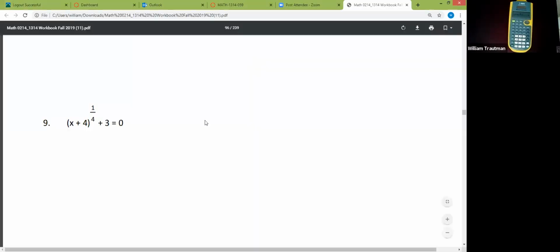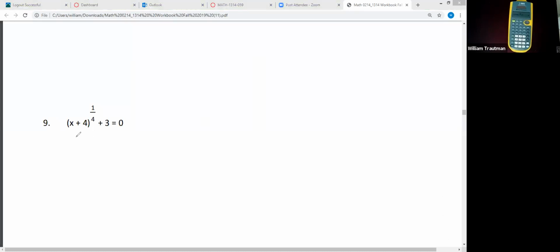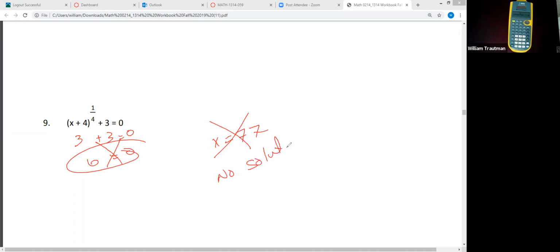So when I plug it back in here, I get 3 plus 3 equals 0, 6 equals 0. No, x equals 77 is not the answer, so there's no solution. Or you can say, same thing, the empty set. It's empty.